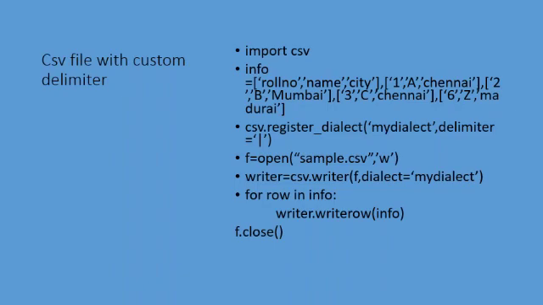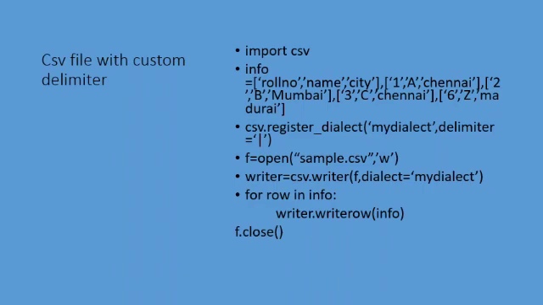I am creating a new file sample.csv in write mode, that is stored in f. Next, writer is equal to csv.writer. csv.writer is a method used to write the data in a file named f and with the formatting my dialect. So f comma dialect equal to my dialect, and it is stored in writer.